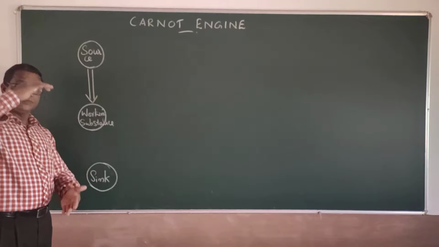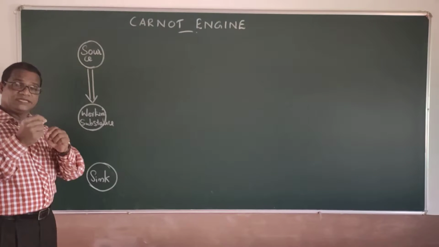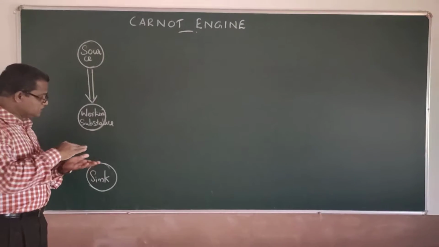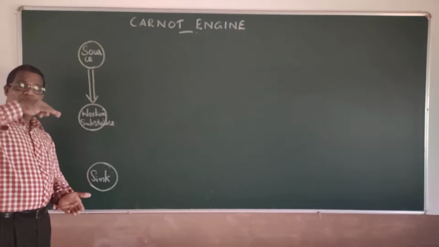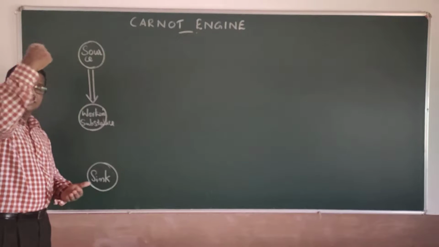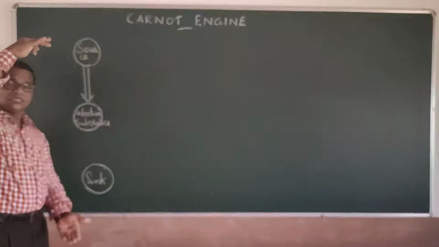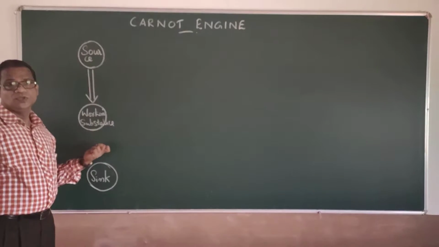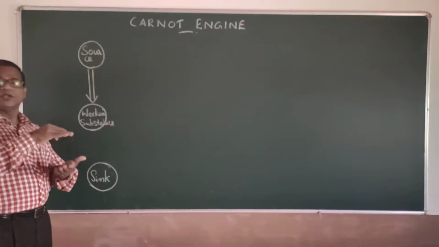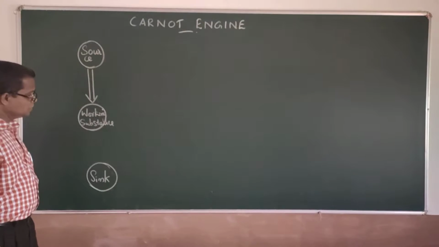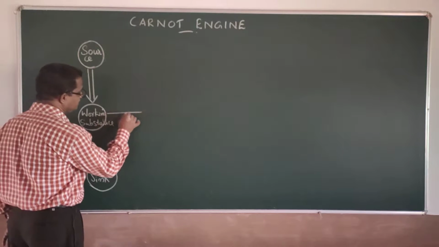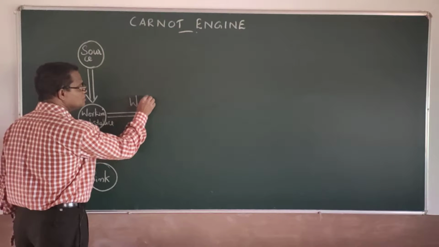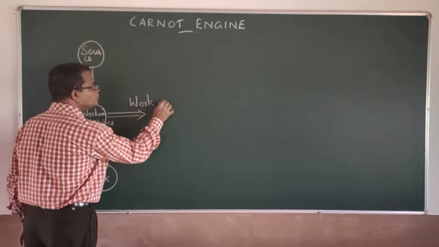This piston movement up and down is associated with a rotating wheel, so that as the piston moves up, the wheel rotates half, and in the next half the piston comes down, and compression also takes place. Like that, the up and down motion continues. Here at this stage, we get the work output.